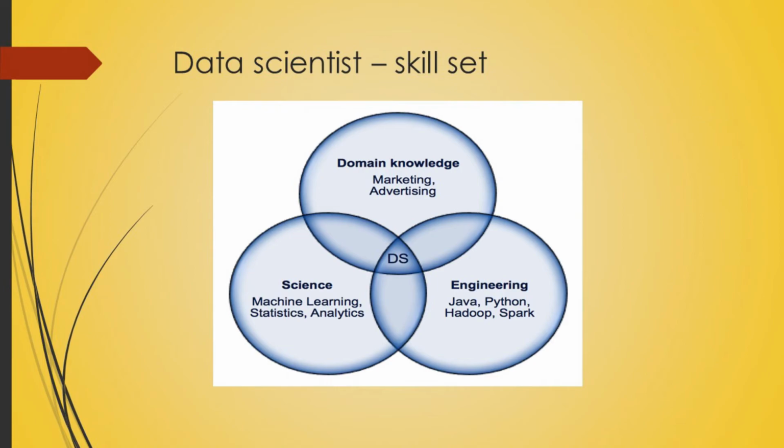Okay, if you get back to that, so you obviously have to have an understanding of the domain where you're working, and then you also have to have some scientific knowledge for understanding machine learning, statistics, how to do analysis. You need a good knowledge of that. And then also the engineering part, like programming and all that. So you have to have an understanding of Java, Python, Hadoop, Spark.